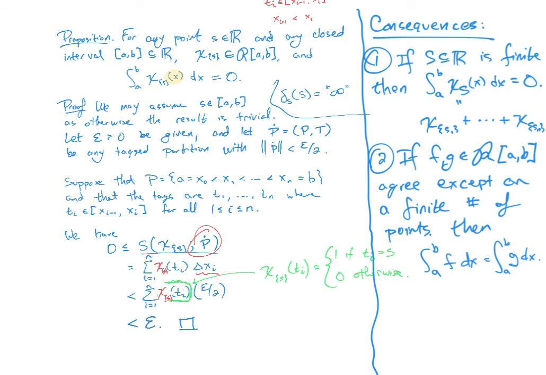The reason for that is if f and g agree except on a finite number of points, you can write f as g plus a finite number of scalars times characteristic functions of those points. And then you can apply the linearity of the integral, and all those characteristic functions will just integrate to 0, and you'll be left with the integral of g.